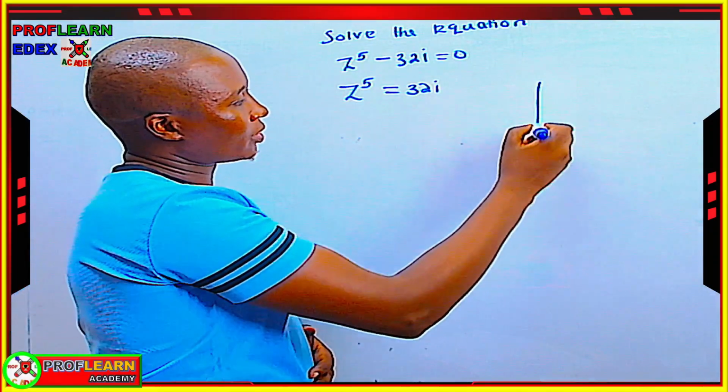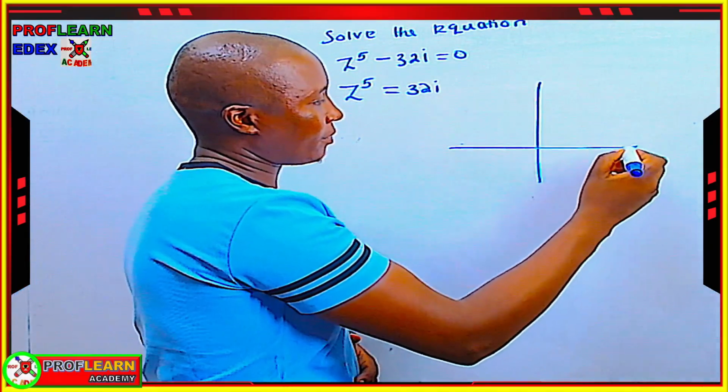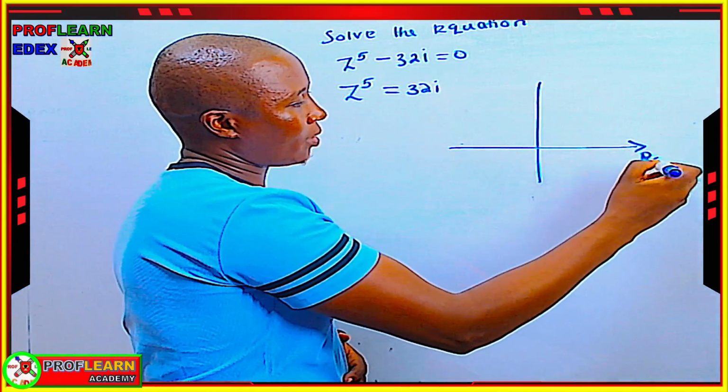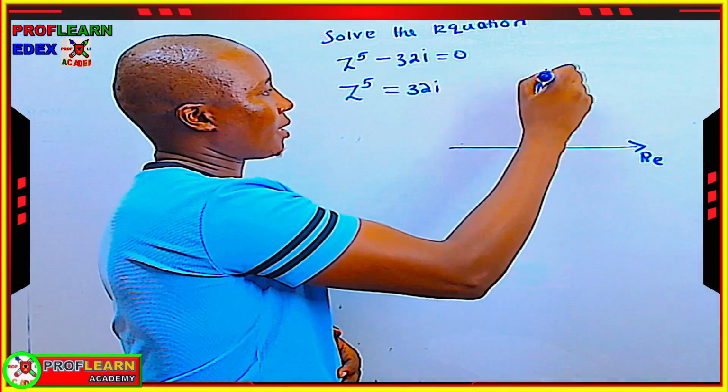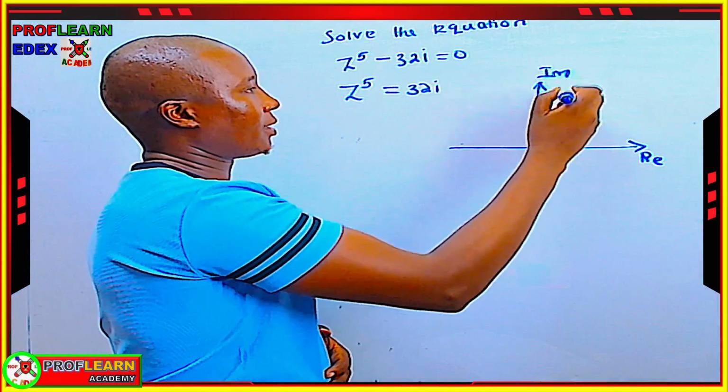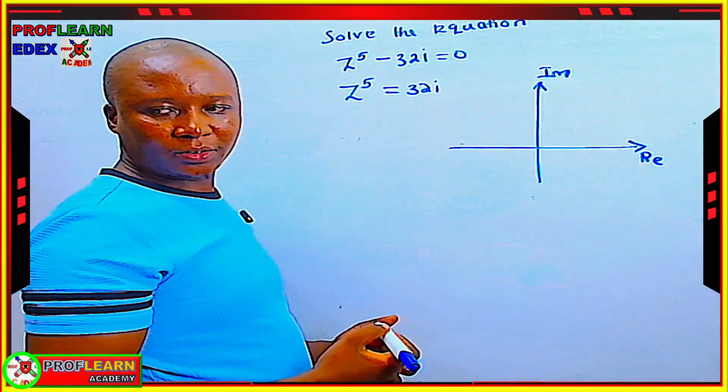If you sketch that on an Argand diagram, of course, this is going to be our real axis, and this is going to be our imaginary axis.